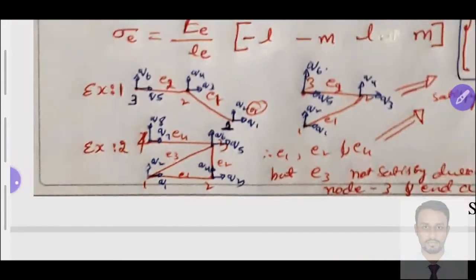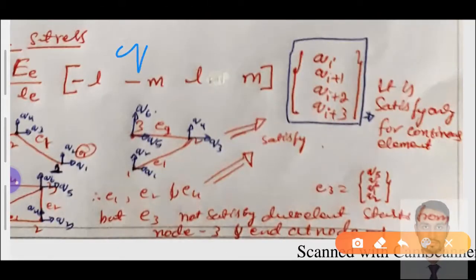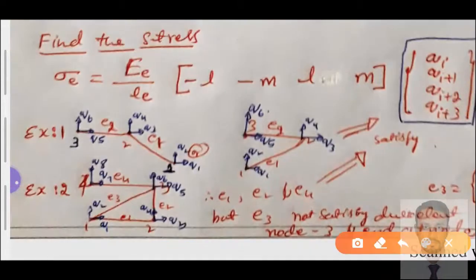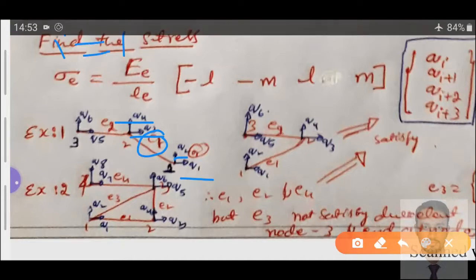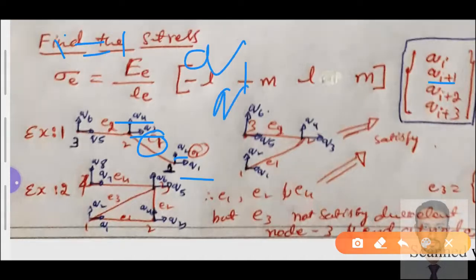You can see here, if I give qi with i equal to 1, for example, I'll take element number 1. q1, q2, q3, q4 continuously, we have i equal to 1: it will start q1, qi plus 1 is q2, qi plus 2 is q3, qi plus 3 is q4.